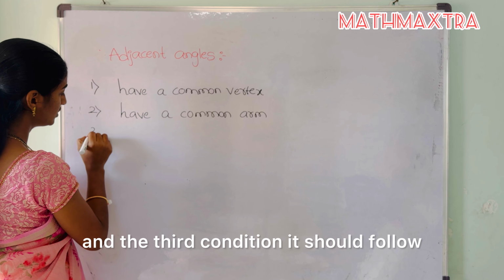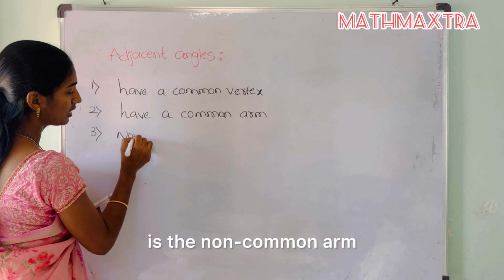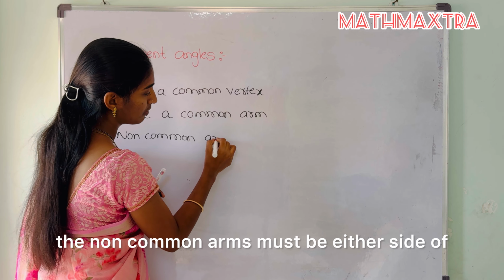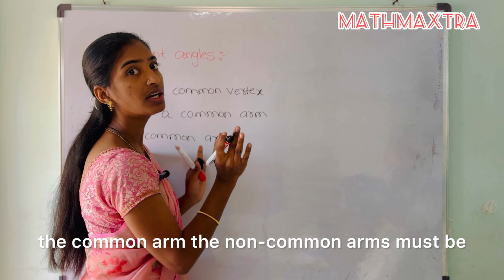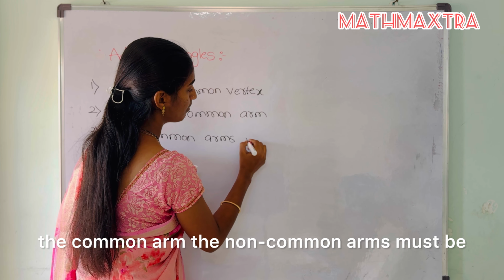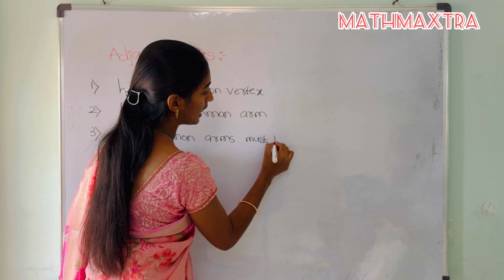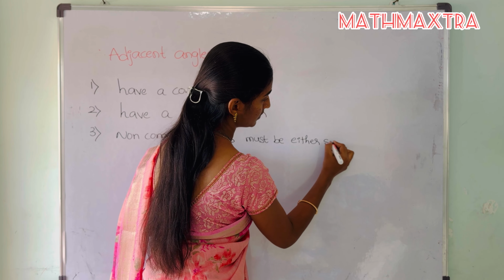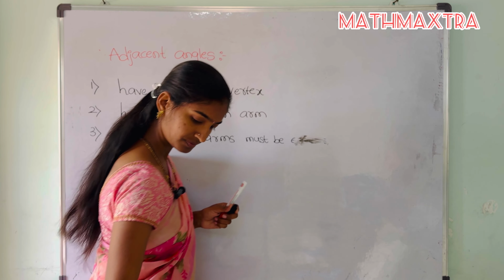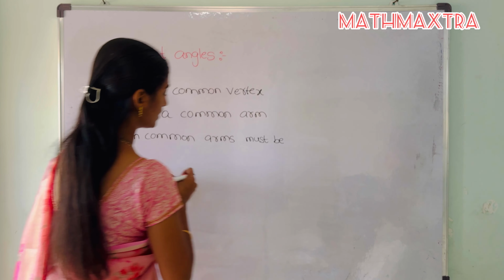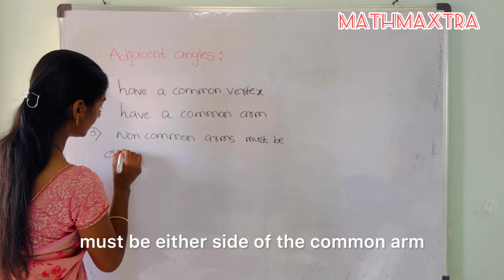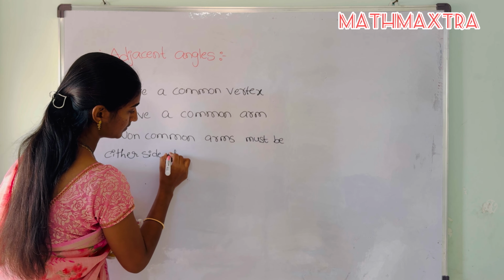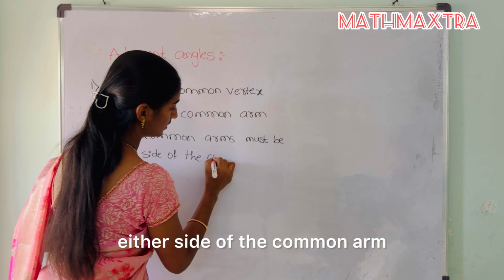And the third condition is the non-common arms. The non-common arms must be on either side of the common arm.